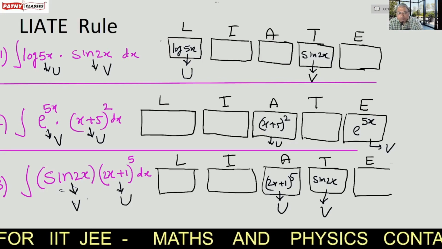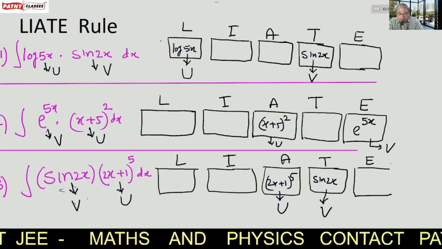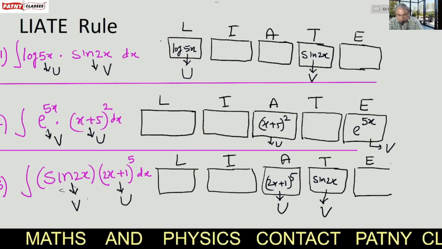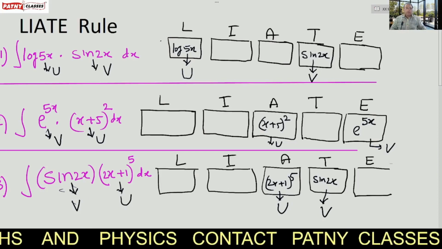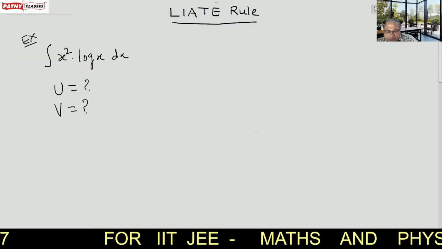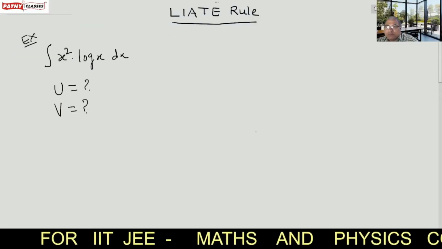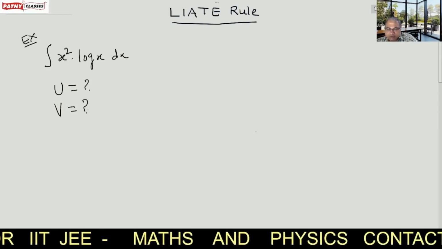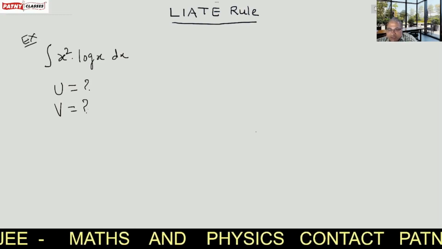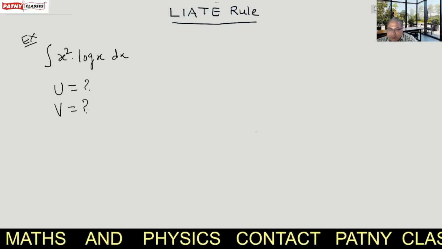Let us do some problems on the basis of the product rule of integration. We need to find the integration of x square log x. For that we first decide what is u and what is v.